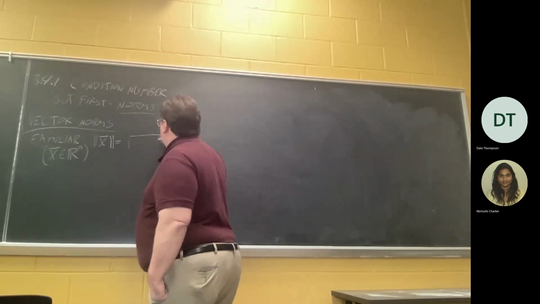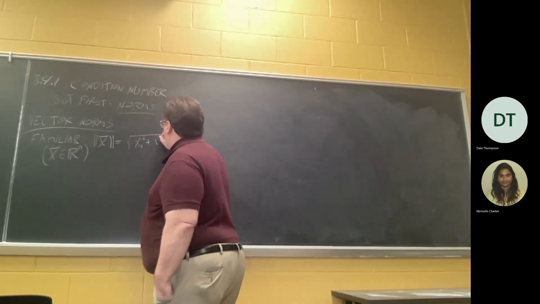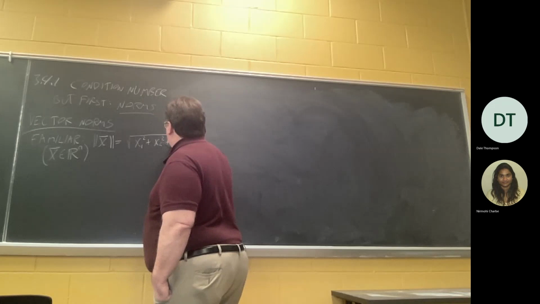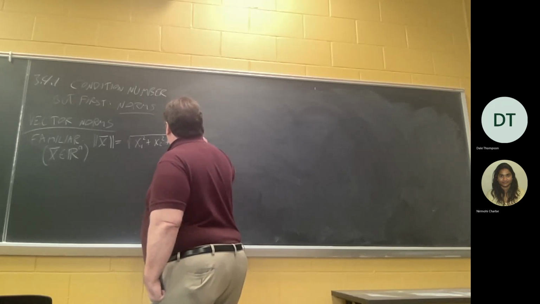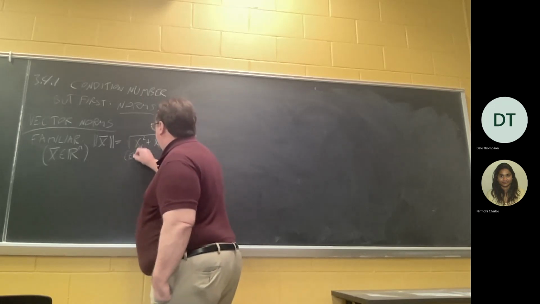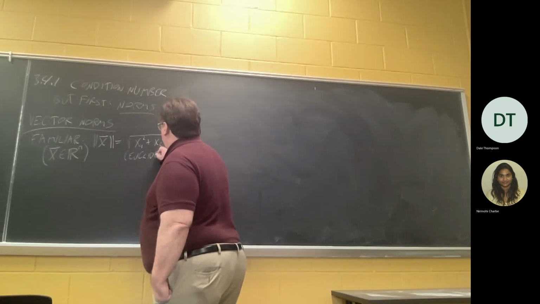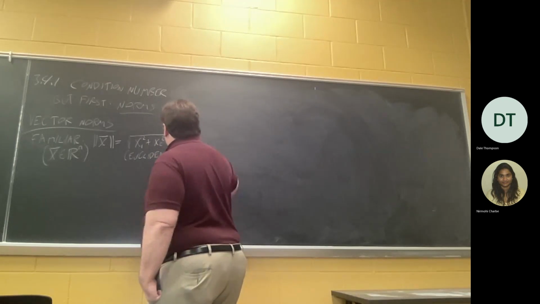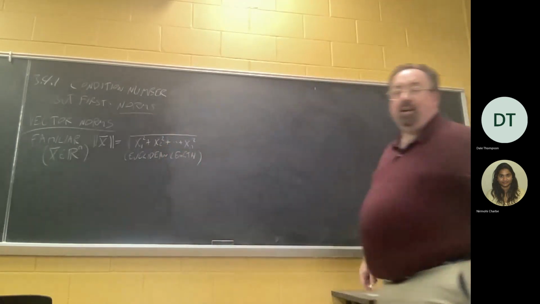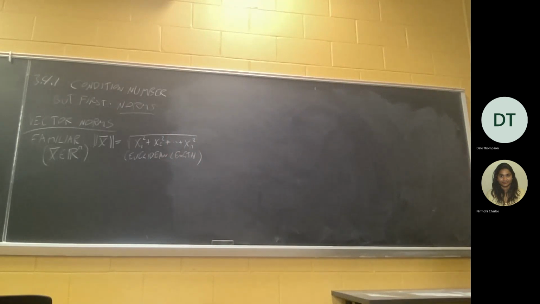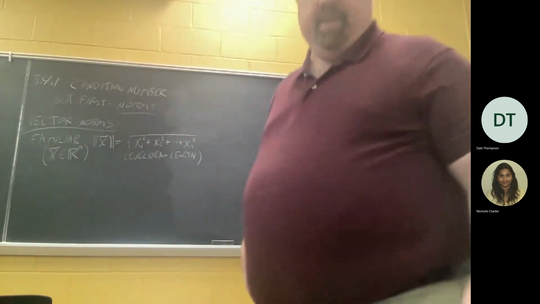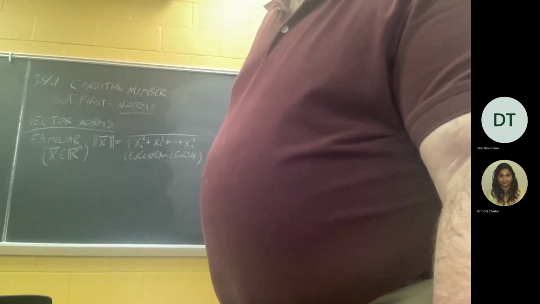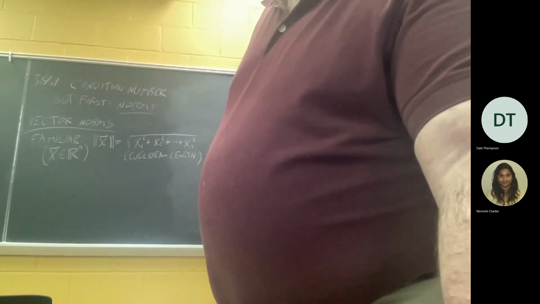It would be the square root of the sum of squares of all the components, also known as Euclidean length. It is one of the ways of describing the magnitude of a vector that we'll be using, but there are other ones too that are quite helpful.